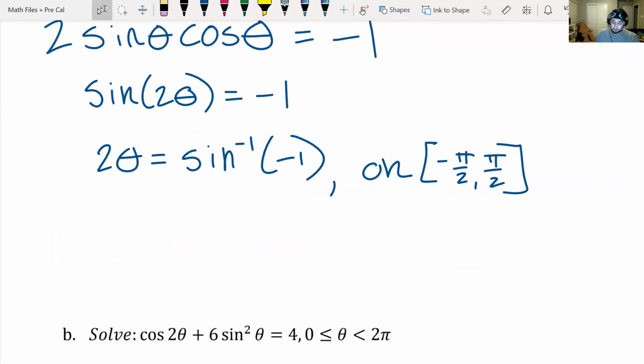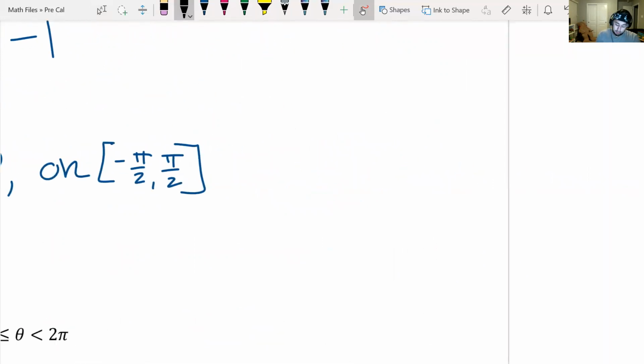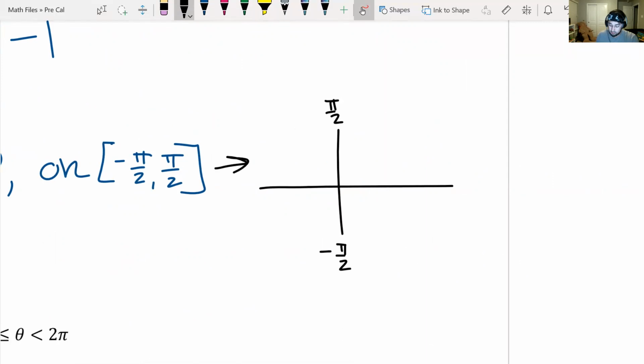All right. Where on -pi/2 to pi/2 is sine -1? So there's -pi/2 and pi/2. There's 0. This means that sine can only be -1 at -pi/2.